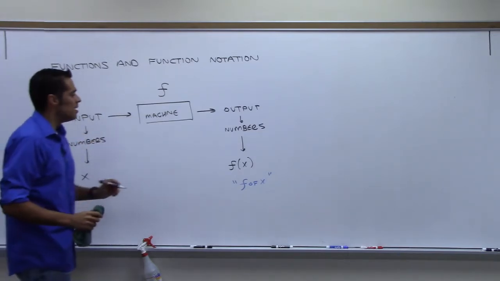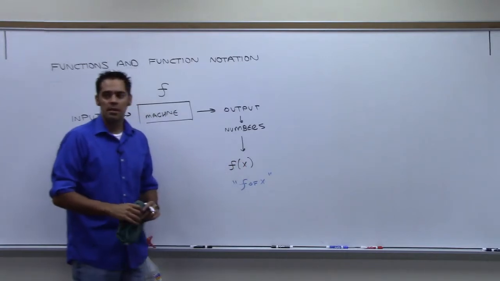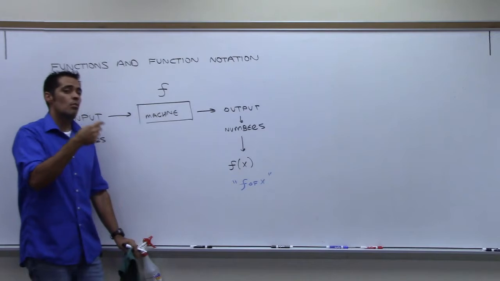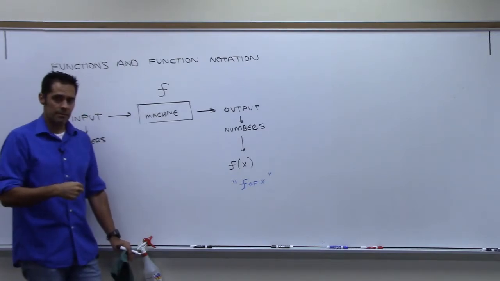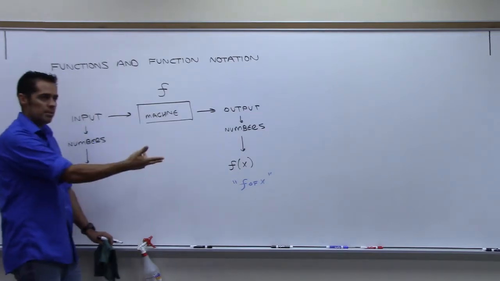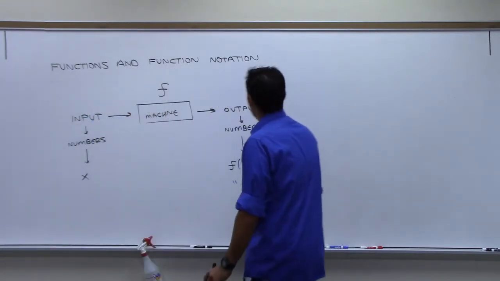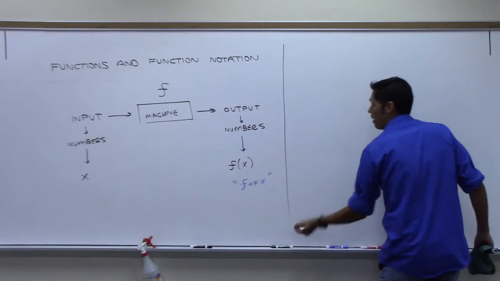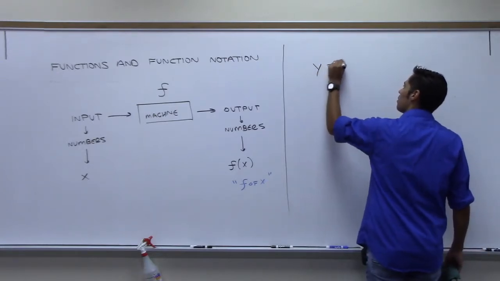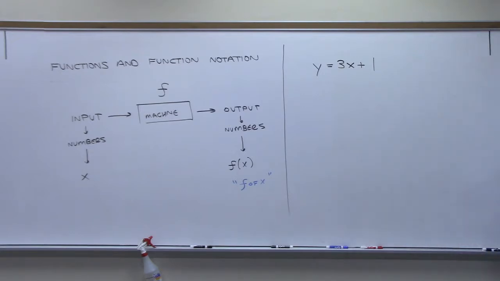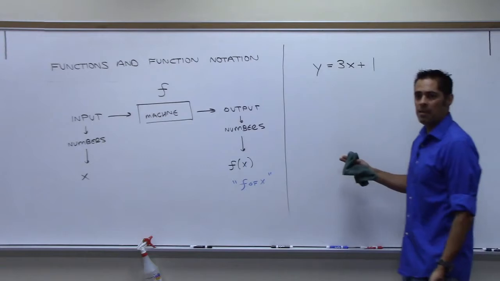So please understand that f of x is the value coming out of the function when x is plugged in. If you change the x, the output's going to change. I'll start this out with an example that we've all seen, y equals 3x plus 1. This is a linear equation with two variables in it, and we already know that that's a line, y equals mx plus b.